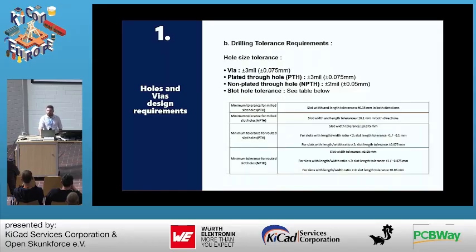Then regarding the drilling tolerances, for vias, the tolerances are more or less 0.075 millimeters. For PTH, it's the same value, but for NPTH, we can go up to 0.05 millimeter.